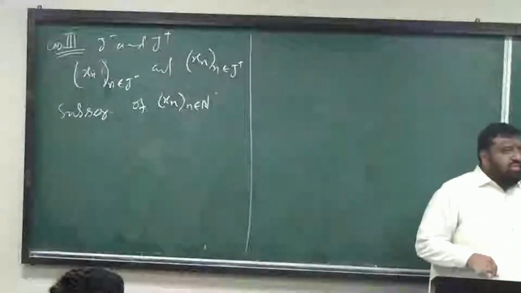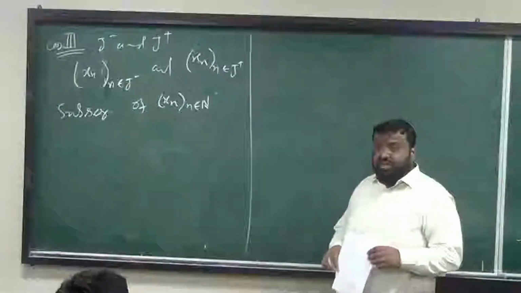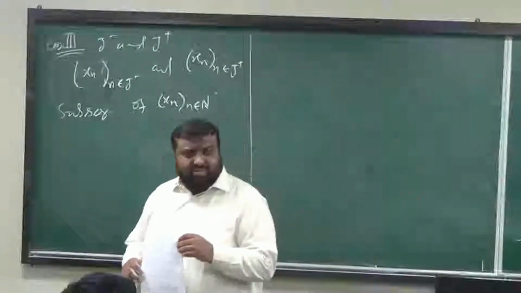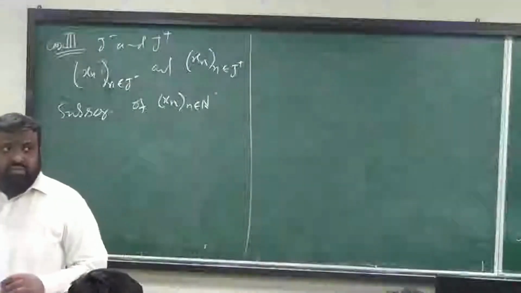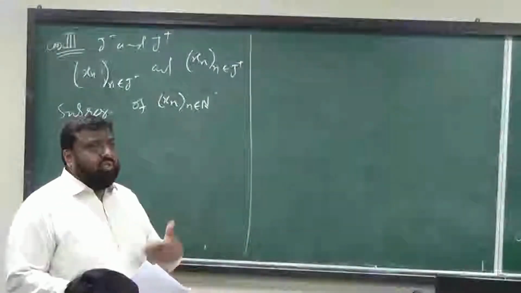Why are these two subsequences going to converge to A still? Because of the parent sequence. Exactly. So we have the invariance property.